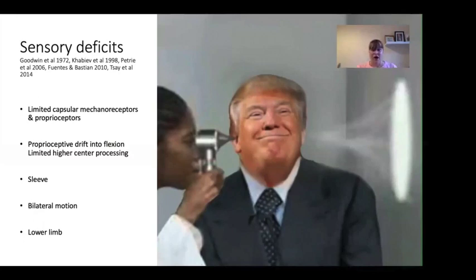Also, that limited higher center processing means the elbow sometimes takes its terms of reference about where it is in space from the other elbow. So therefore, performing bilateral flexion extension exercises in the overhead position might encourage increased range compared to unilateral motion.